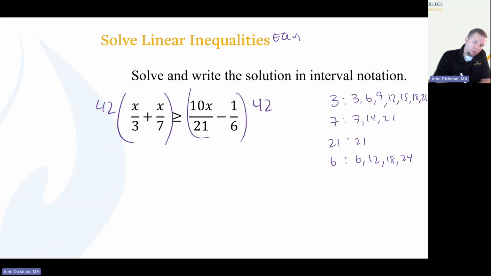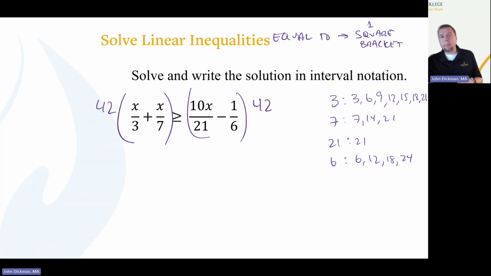I'm going to have one square bracket in my answer. I don't know which way it's going to be facing yet, because I could have a negative that I multiply by or divide by. And so I can't make the decision whether my final answer is going to have an inequality that's pointing left or pointing right.